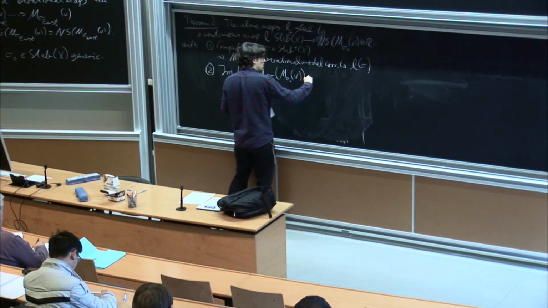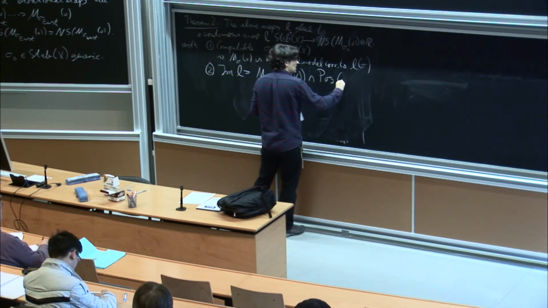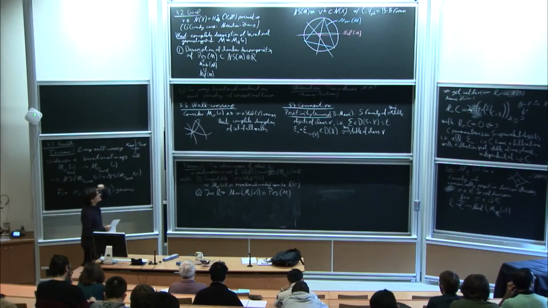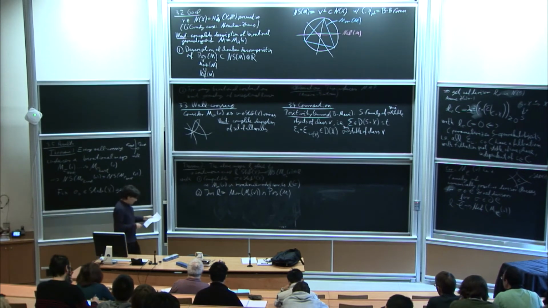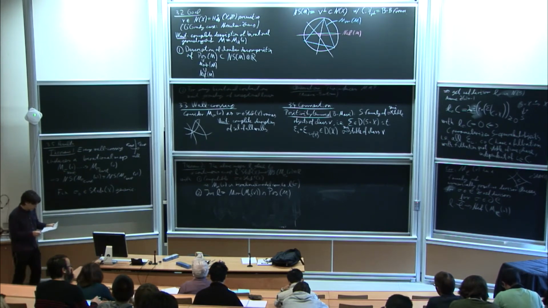I just have to... the movable cone might have divisors of positive square, and I have to take this out. So in this picture, I just have to take out the three corners of the blue triangle. But other than that, it hits everything in the movable cone.